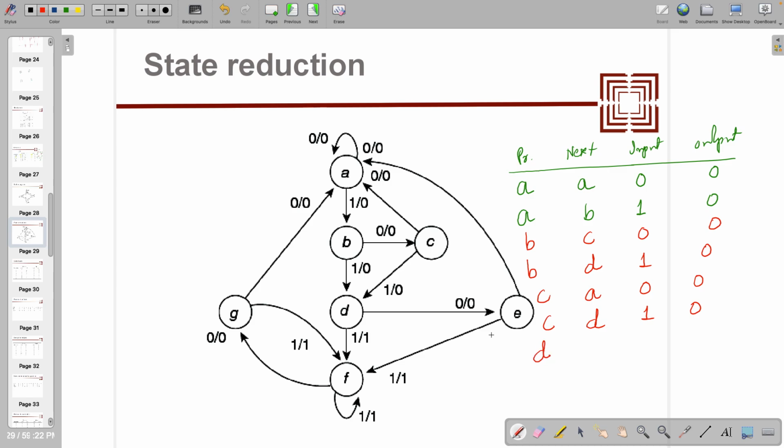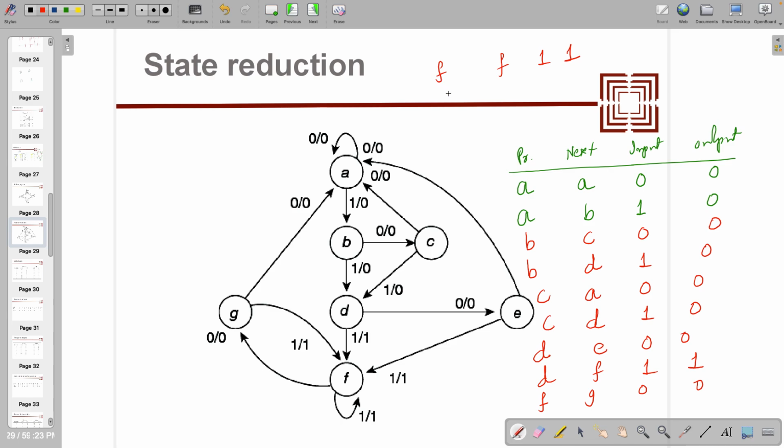Present state is D, next state is E, 0, 0. D and F, 1, 1. And then F, next state is G, 0, 0. I am writing here, F, next state is F only, 1, 1, right?